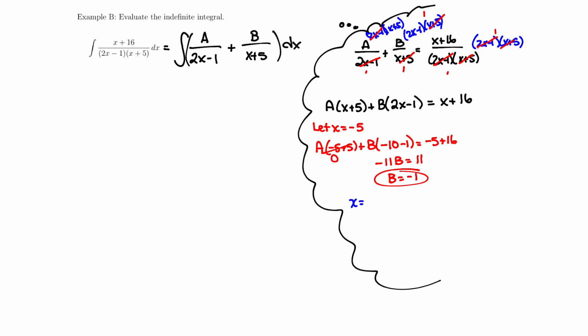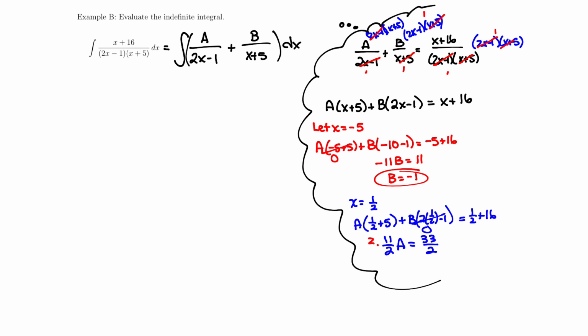To cancel out the 2x minus 1, we need x to be 1/2. So it's a times 1/2 plus 5 plus b times 2 times 1/2 minus 1 equals 1/2 plus 16. That goes to 0. This goes to 5, 10, 11 halves times a, and that's 33 halves.